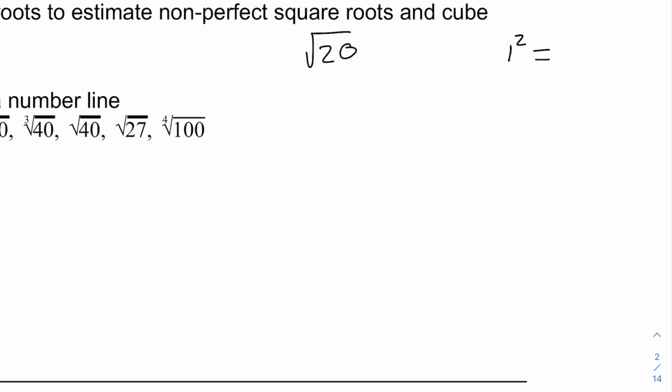1 squared equals 1, 2 squared equals 4, 3 squared equals 9, 4 squared equals 16, 5 squared equals 25.